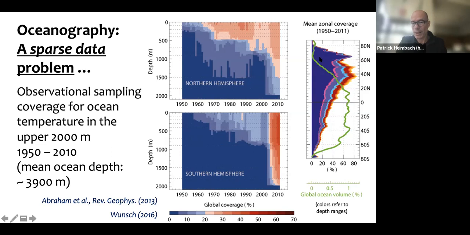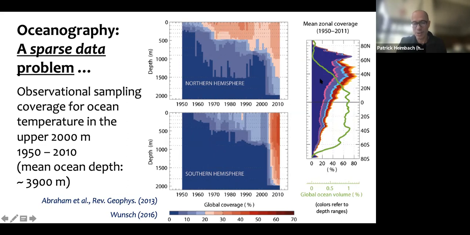The right panel here shows you again the global ocean volume covered by observations as a function of latitude. And you see that the volume here that's shown in green is, of course, accentuated, as we know, in the southern hemisphere, but the observational coverage is still accentuated in the northern hemisphere.